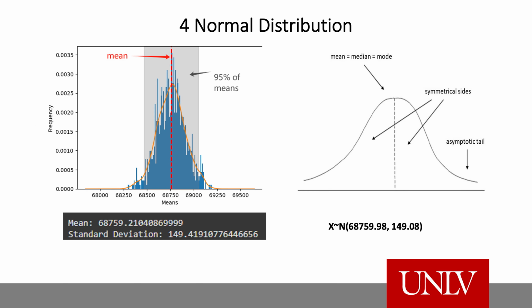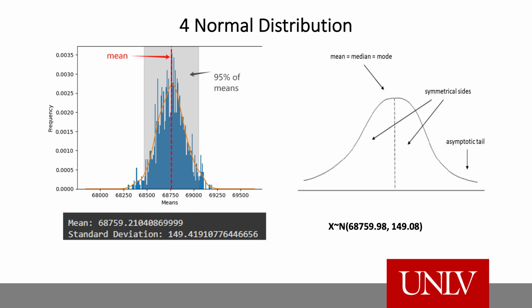Now let us connect this idea to our practical example. Earlier, we created a sampling distribution of the mean for low income using the bootstrap method. From that distribution, we calculated two key values. The mean of the sampling distribution was 68,759.98, and the standard error was 149.08.